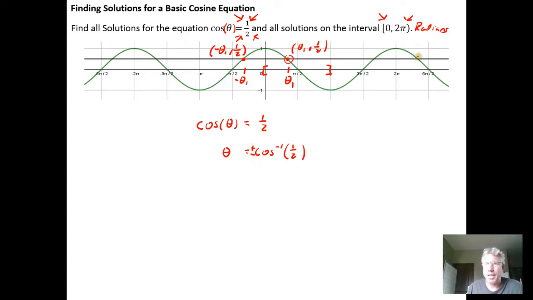And then I want to recognize that every solution to the right of the crest is going to correspond to a coterminal angle with theta sub 1. And every solution that is to the left of the crest is going to correspond to an angle that is coterminal with the opposite of theta sub 1.